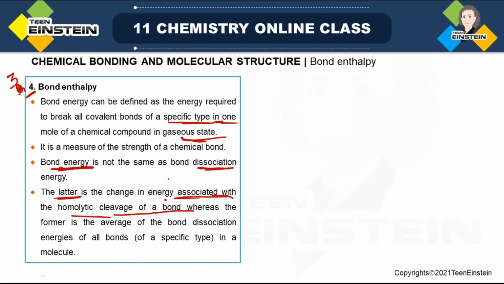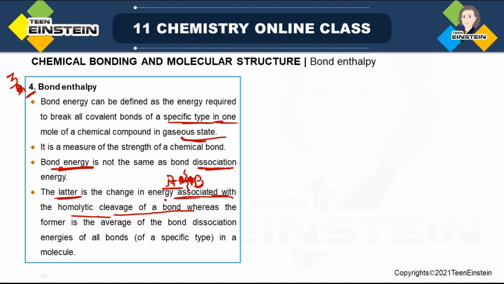Homolytic cleavage means, suppose you have a bond between A and B atom. If I am saying it is homolytic cleavage, that means when this bond is broken, there will be one A atom and one B atom, and you can consider it as A dot and B dot. A dot means A carrying a single electron, because in this bond we have a pair of electrons.